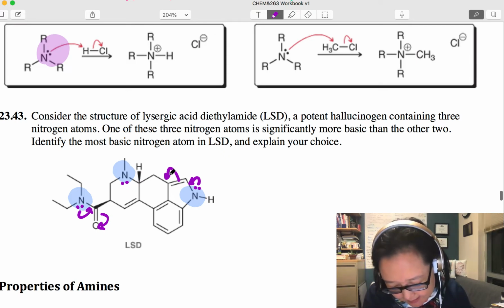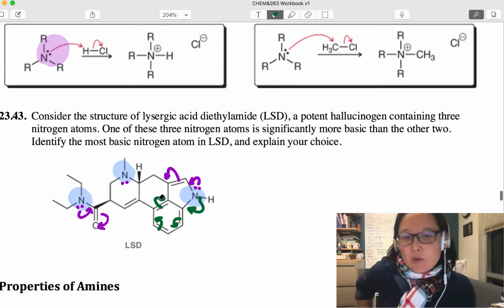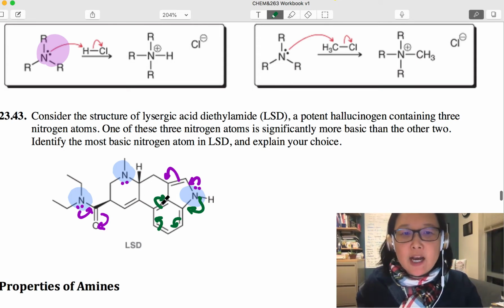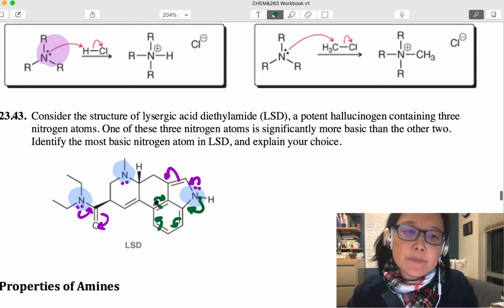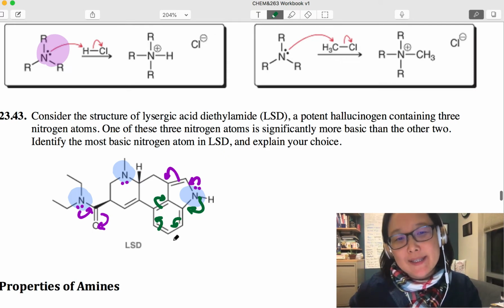And it extends both ways, that way as well as this way into the ring. This whole system right here is actually conjugated. So you can see that this lone pair is going to be the least basic because of this extensive conjugation here.